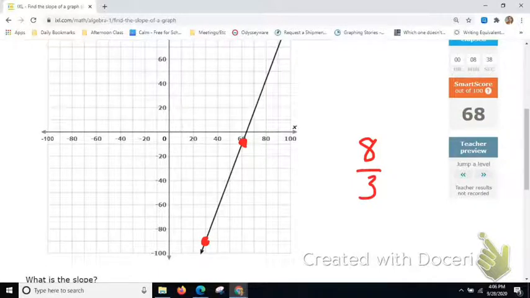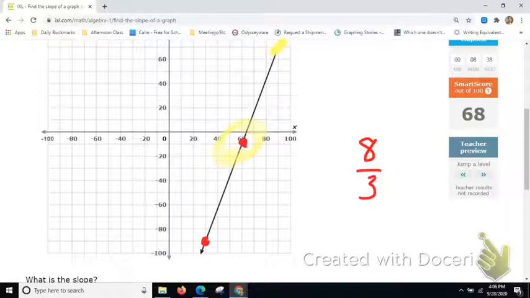Now if I want to test that from this dot, if I go up 8 and over 3 again, I should be right on the line. So up 8 and over 3. So it did work, right?